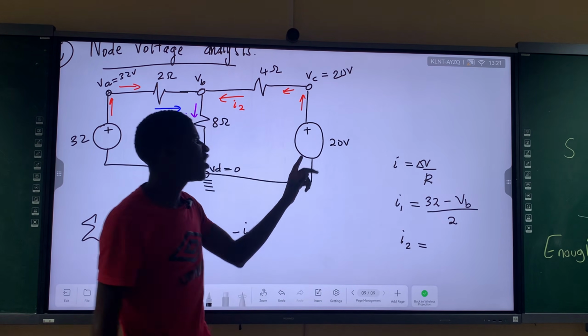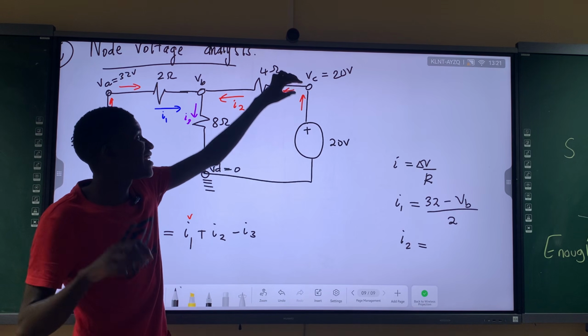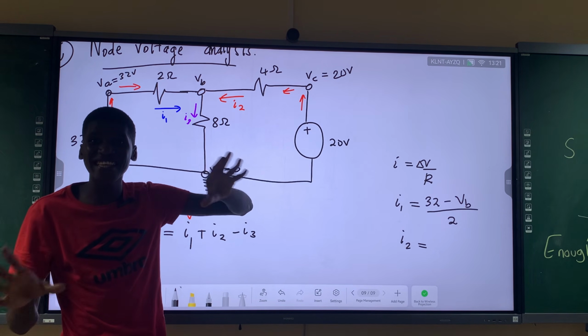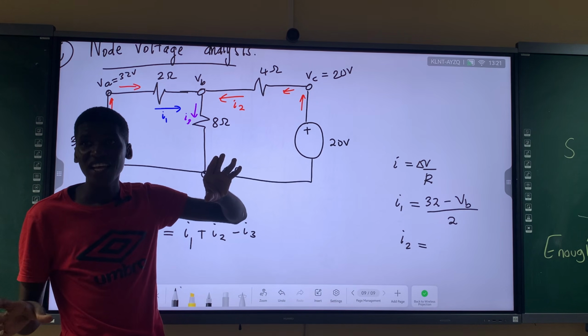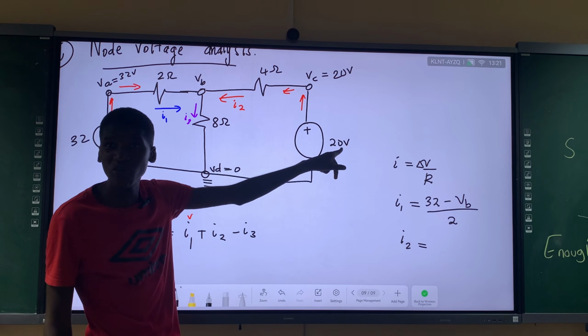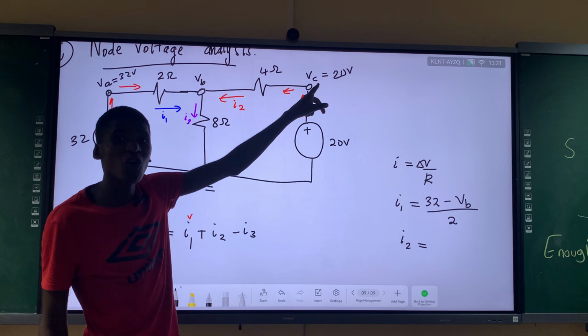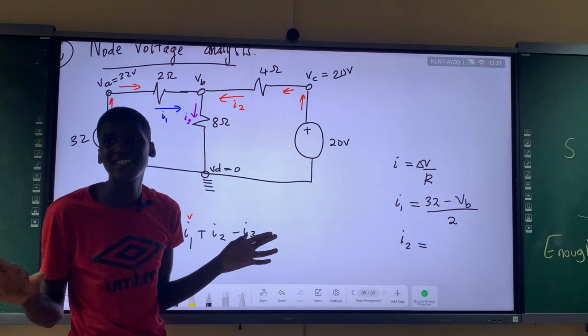Because between this power source and this node C, we don't have any other resistor. We don't have any component. So there is nothing that's going to decrease the 20 volts. So essentially, here we're also going to have 20 volts because there is no difference in potential there.